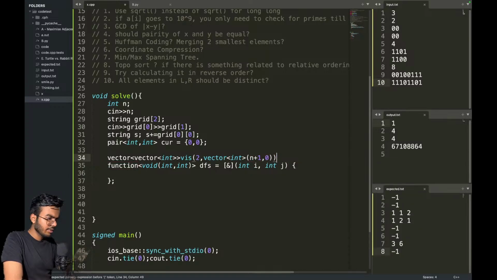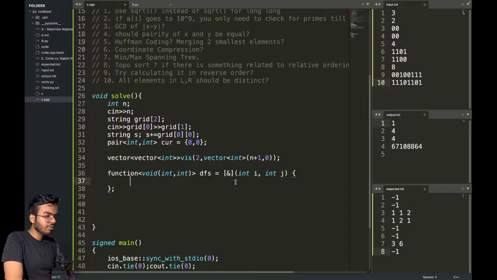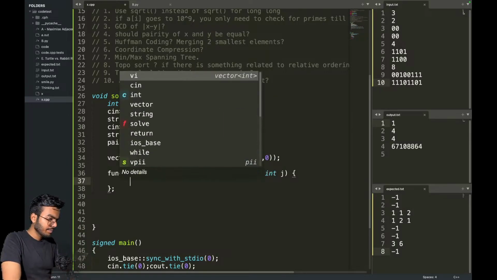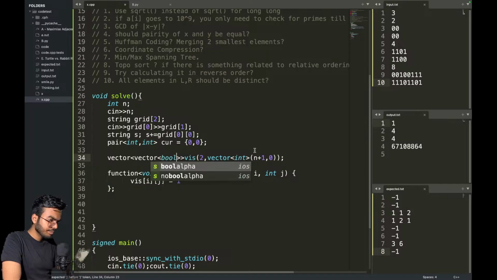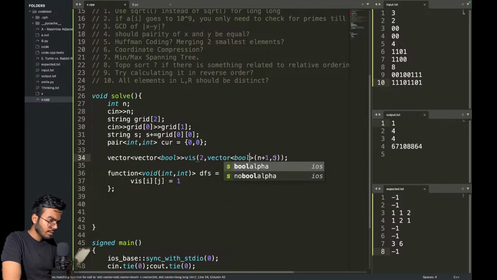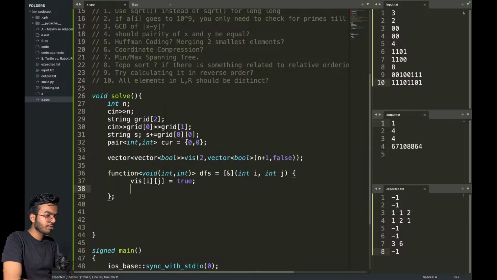Initially it will be 0. Okay, so I have this visited array. Now the first thing I will do is mark this as visited. So visited of i comma j equals 1, or let's actually make this boolean, and initially it will be false. So visited of i comma j equals true. So I marked that as visited.